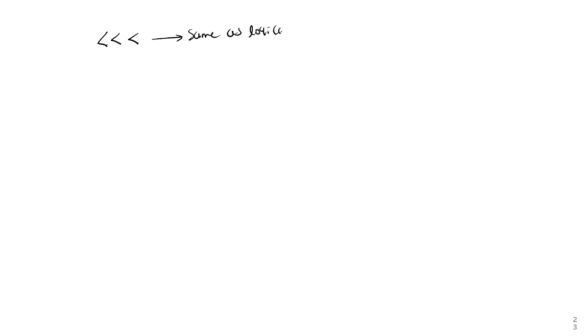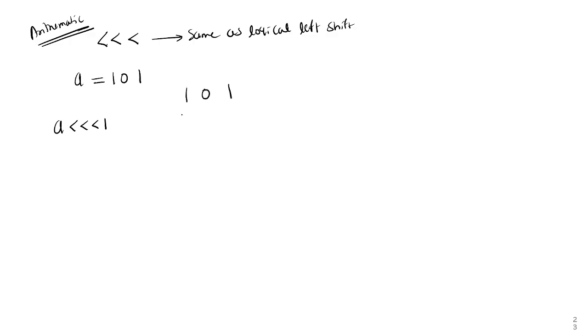Take the same value, a equal to 101, and arithmetic left shift by 1: this bit will go, the others will move, and the vacant position will be loaded with 0.